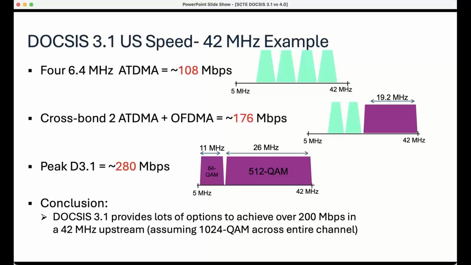I didn't even mention the capability to simultaneously support SC QAM and OFDMA on the same frequencies, which is called TDFM. There's reasons why you may or may not want to use that technology because it creates some additional overhead, but if you need it, it's there and it's supported in the DOCSIS 3.1 spec.